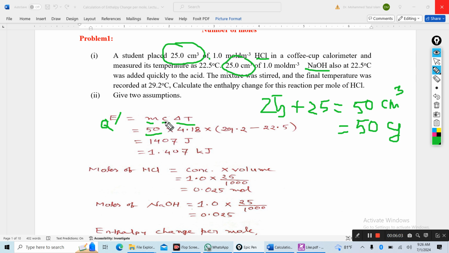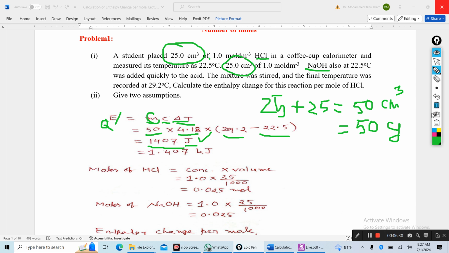C, specific heat capacity 4.18 is given. Del T, change in temperature, so highest temperature 29.2 minus 22.5. If you calculate, you get 1407 joule. If you take gram, then answer will be joule.